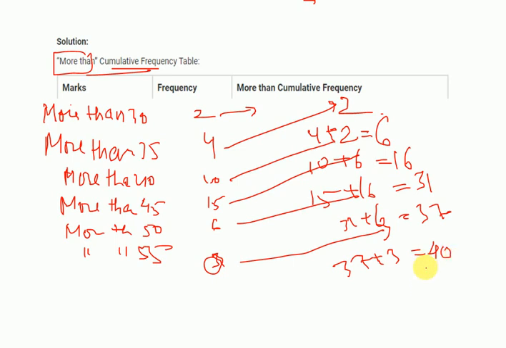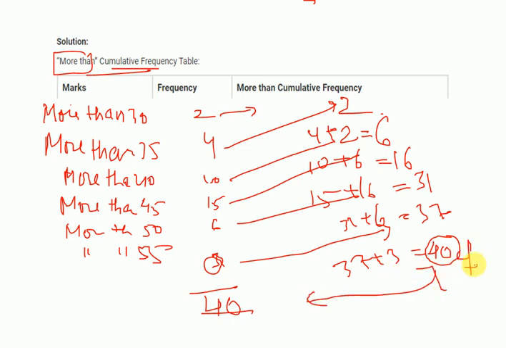Now if you want to see whether you have done it correctly or not, you can find the sum of all the frequencies, as we were given in the question that total students are 40. Now the last CF is also 40. It means that you are correct.